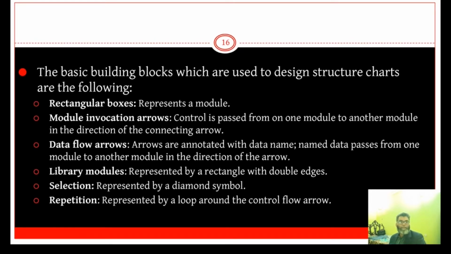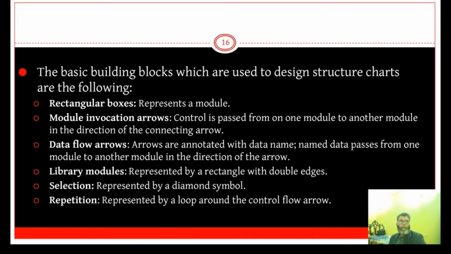Rectangular boxes represent the modules. Module invocation arrows: control is passed from one module to another module in the direction of the connecting arrow. Data flow arrows are annotated with the data name; named data passes from one module to another module in the direction of the arrow.